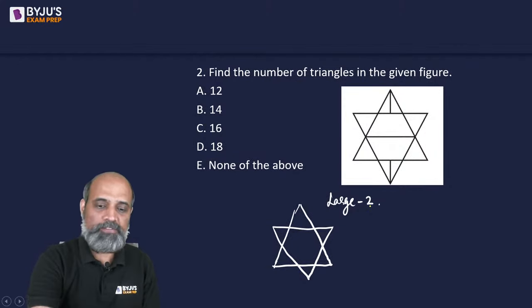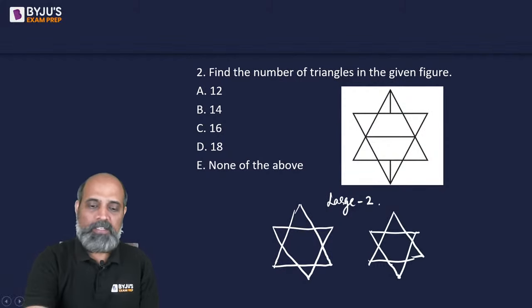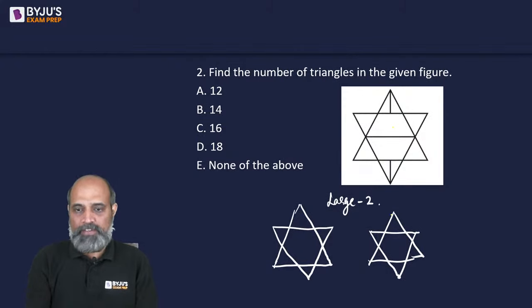So the next triangle we are going to have will be, I'll redraw this triangle, these 2, so that it becomes easier. Okay, the next triangle we have is this particular triangle, right? Which is the smaller one, smaller than the previous. And then we have another triangle which is at the bottom, smaller than the previous.